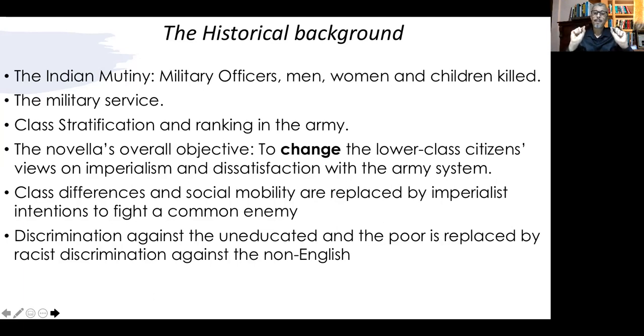So this shows the novella's underlying premise. The overall objective of the novella was to change the lower class citizens' views on imperialism and their dissatisfaction with class problems, and especially with the army system.